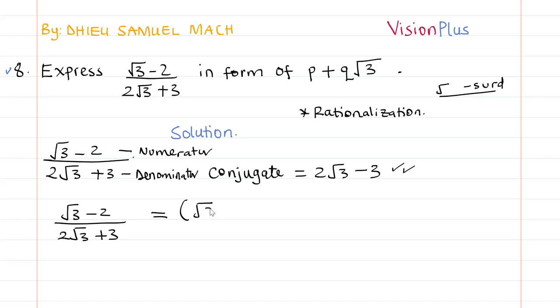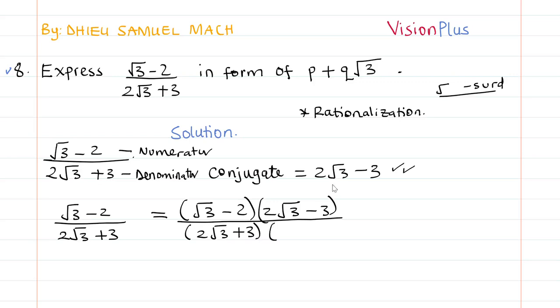The numerator is multiplied by 2 root of 3 minus 3, over the denominator 2 root 3 plus 3 times the same conjugate, 2 root of 3 minus 3. And then from here we go into multiplication.